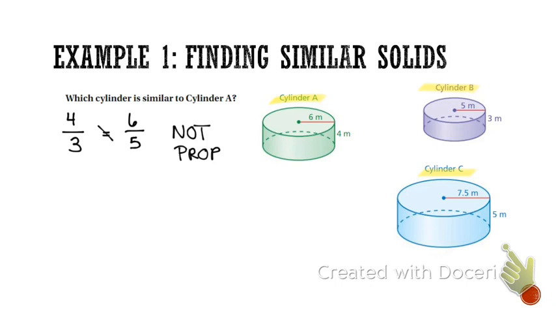Let's compare A and C. Again, I could start with radius over radius or I could start with height over height, as long as it's the same both ways.